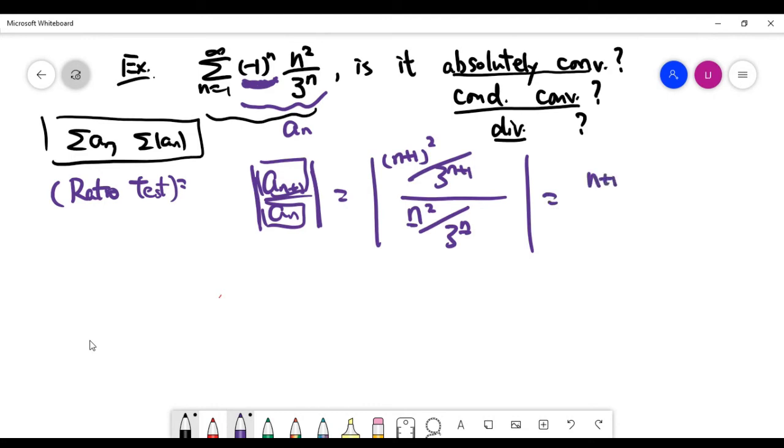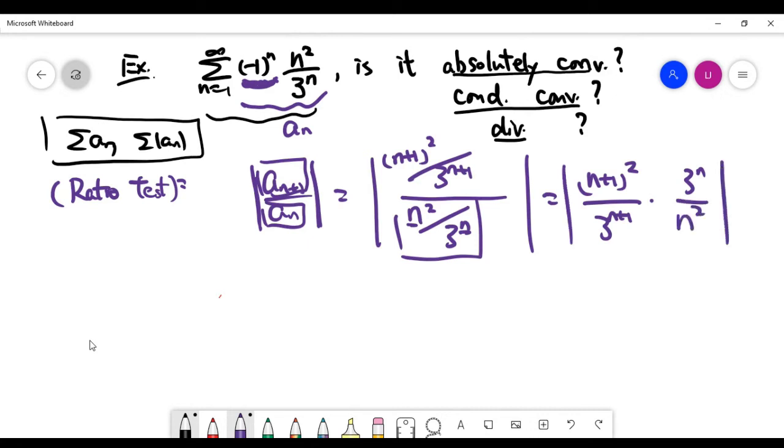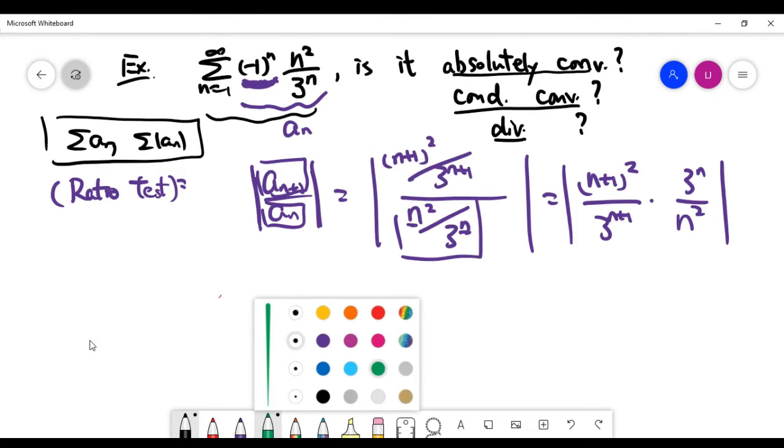Basically, you have to do some simplification of the fraction at the top and the fraction at the bottom. I can flip it to make it look like 3 to the power n divided by n squared. Now I hope you can see that you can cancel out some terms.